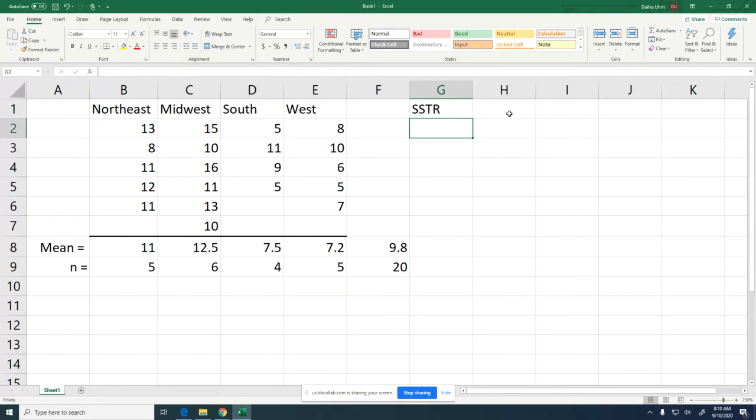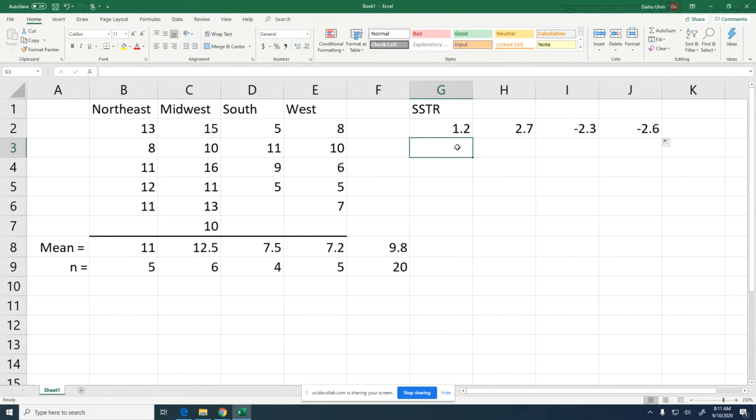Let me remind you of the formula: SSTR is the summation of ni times xi bar minus x bar, squared. So we need the difference, right? So it equals x1 bar minus 9.8. Let me copy to the right for the 4 regions.